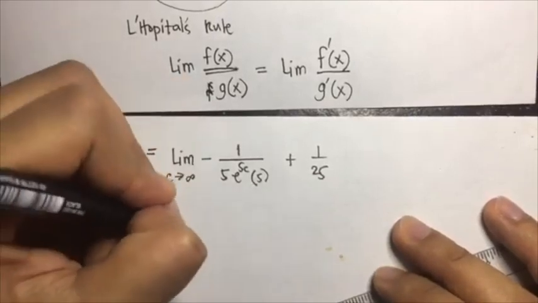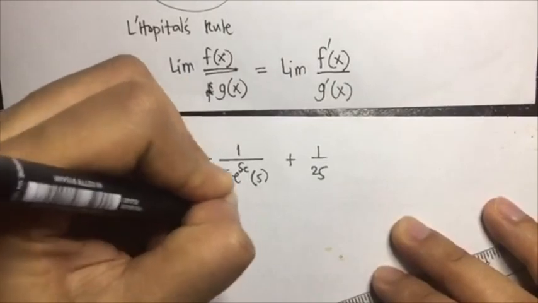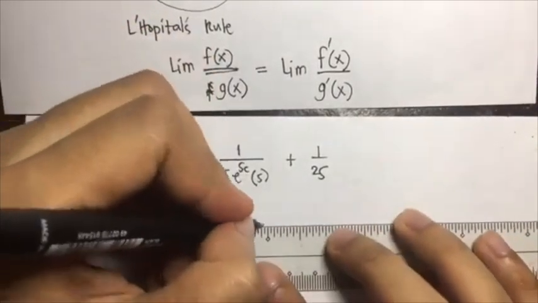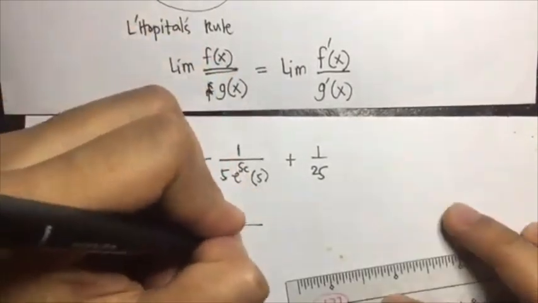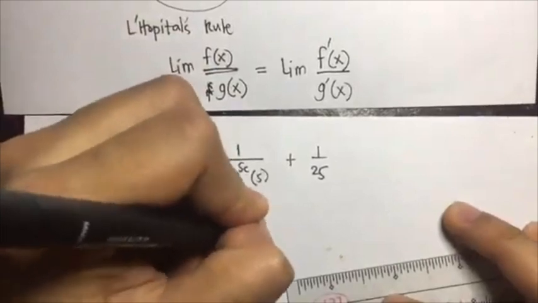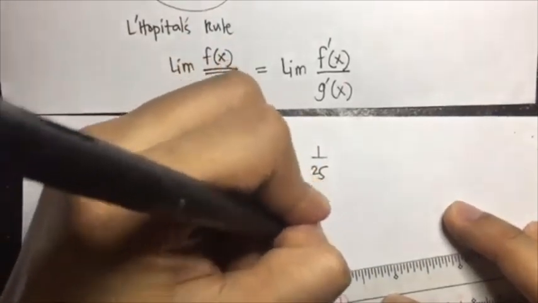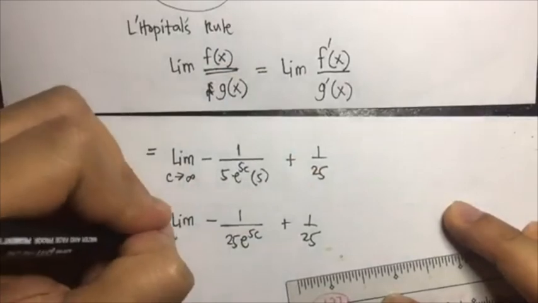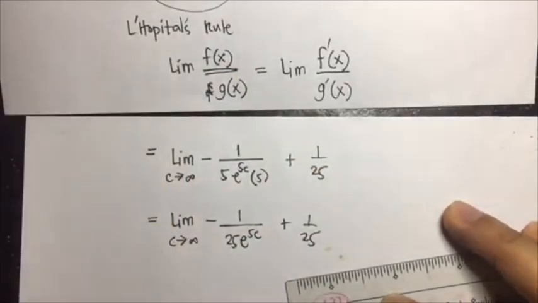If we simplify this, this will become the limit of negative 1 over 25e raised to 5c plus 1 over 25 as c approaches infinity.